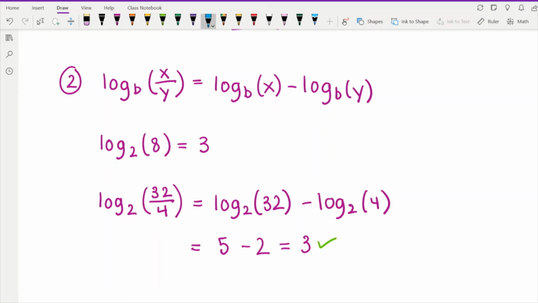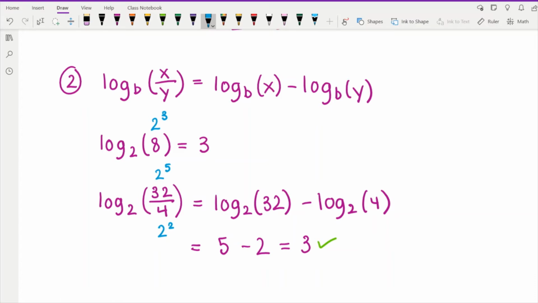So again, why is it that that works? And why is this related to exponent rules? Well, because 8 can be written as 2 cubed, right? And so that's where the answer of 3 comes from. And then looking at how we rewrote 8, well, that could be written as 2 to the 5th over 2 squared, right? And we know that there's an exponent rule that when you're dividing, you subtract.